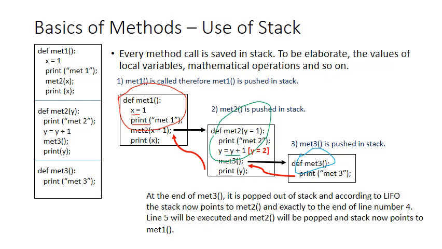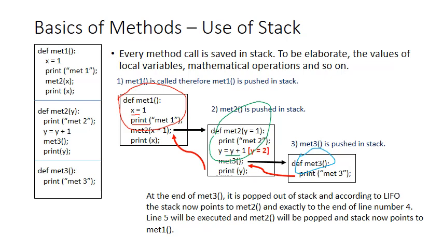If you look at the red arrow, it goes exactly at line number 4, and then the print y line will be executed, and then follow the next red arrow and it reaches the end of line number 5.